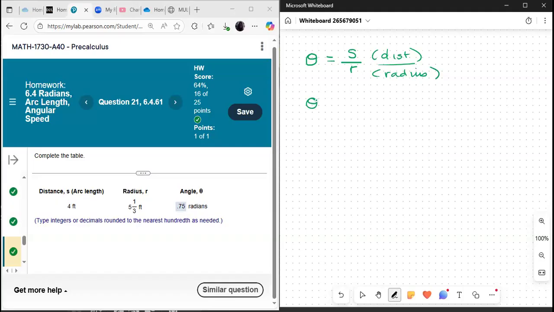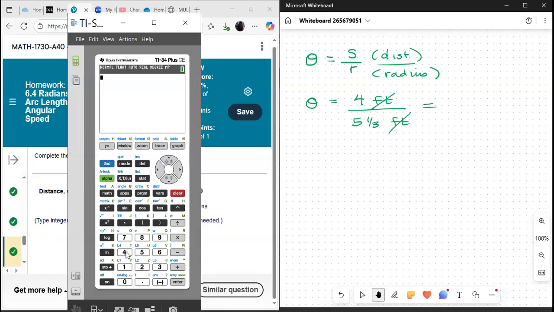So theta is equal to 4 feet divided by 5 1/3 feet. The only way to do this is if the distance and radius are in the same unit of measure, which they are, so they can cancel. So we have 4 divided by, in parentheses, 5 plus 1/3.